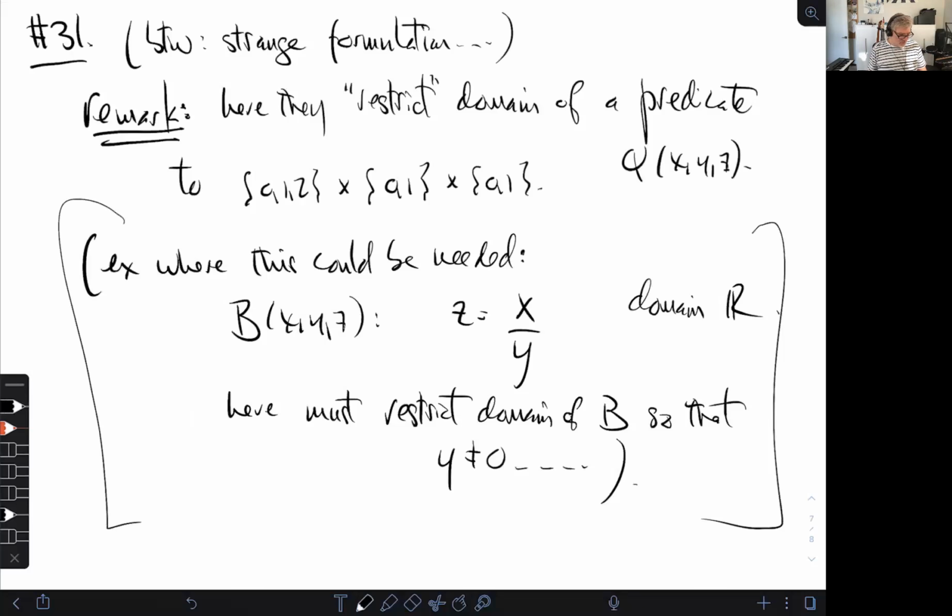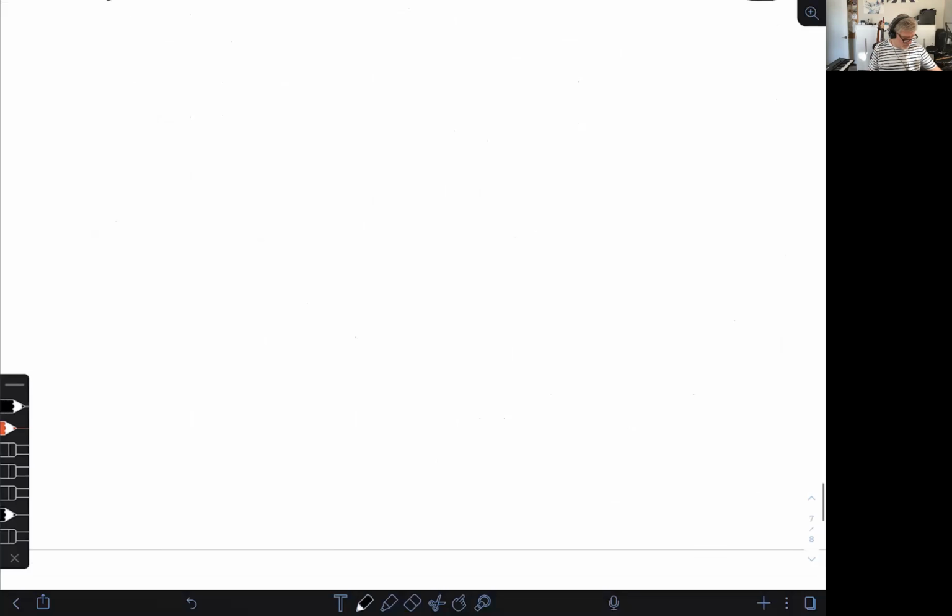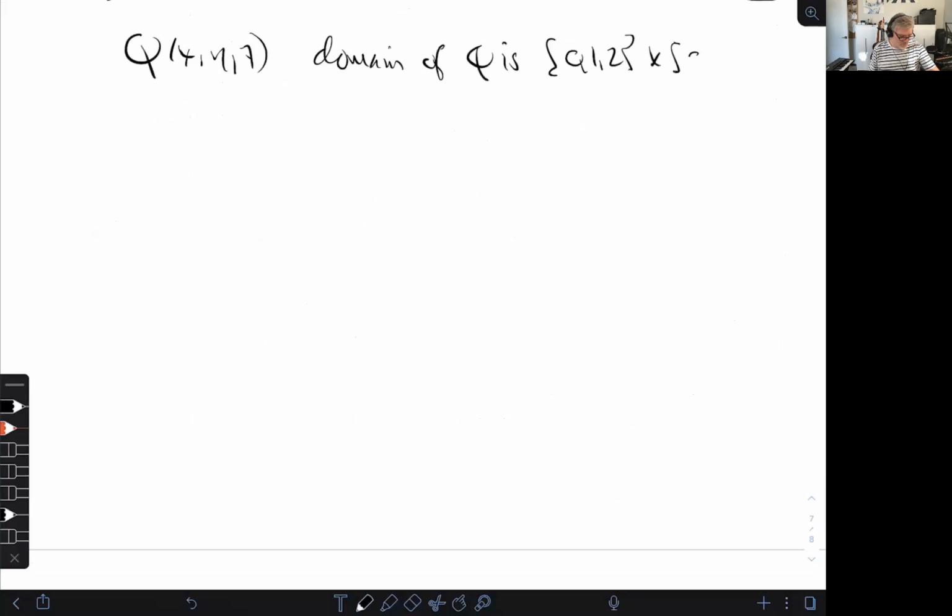So let's go to that example that they're giving us. We have Q of X, Y, Z, and the domain of Q is {0, 1, 2} times {0, 1} times {0, 1}. So the only triples that Q can light up as true or false come from this set. X has to be in {0, 1, 2}, Y has to be in {0, 1}, and Z has to be in {0, 1}.